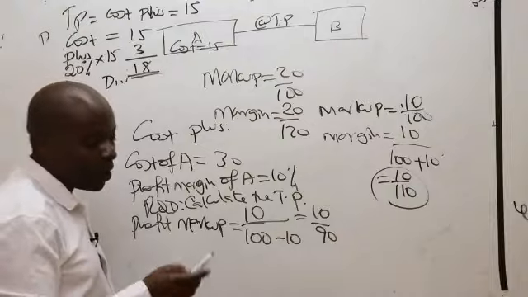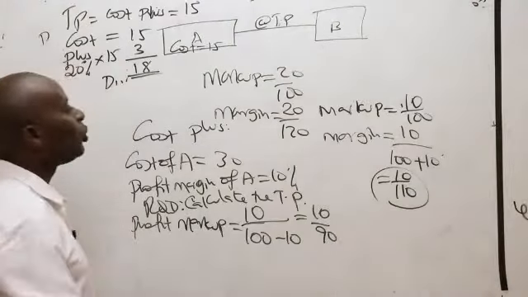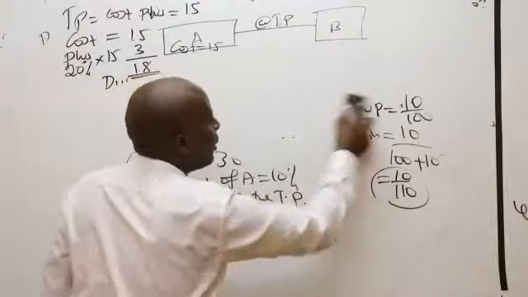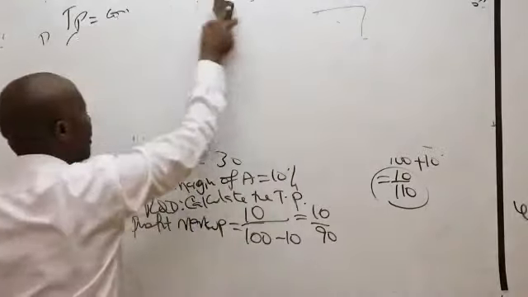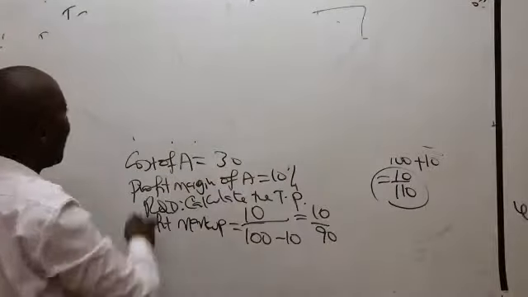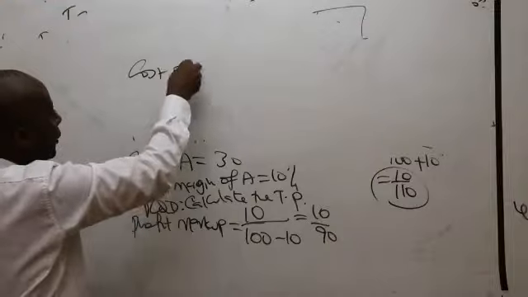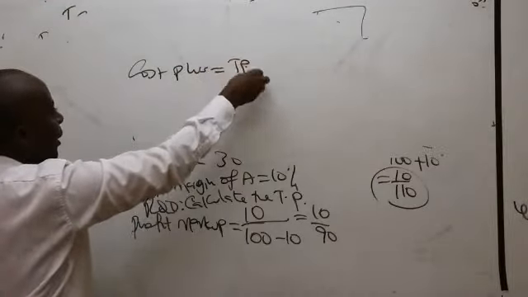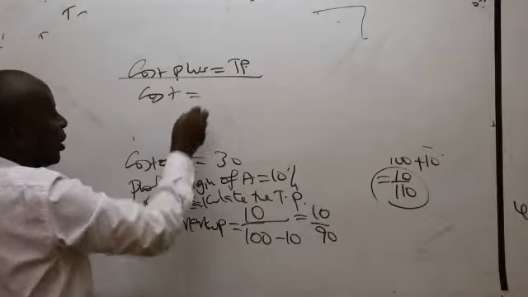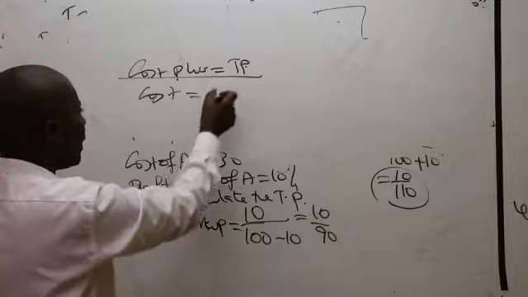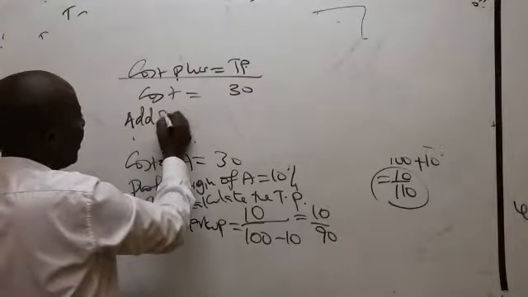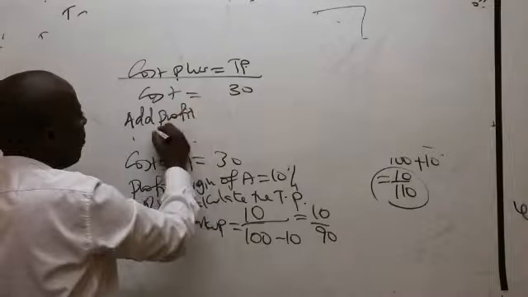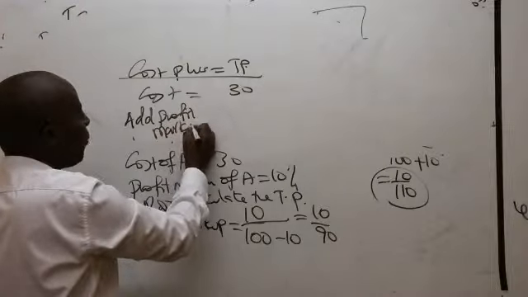And now having gotten that, I'll be able to apply my cost plus to get my transfer price. For this illustration, cost plus equals TP. We start with the cost, which here is 30. Then we add profit markup.